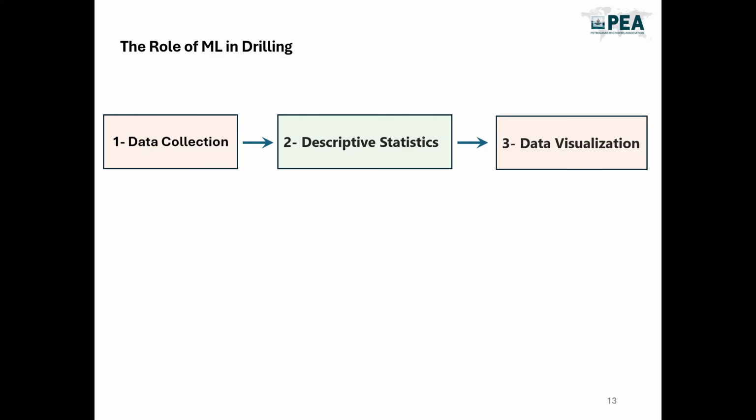As an example, with RPM, when you start drilling a section, you start with 120 RPM, and then midway you increase it to 150 RPM and finish that section. If you plot RPM versus depth or time, the only thing you should see is two straight lines, starting from 120 and then increasing to 150.